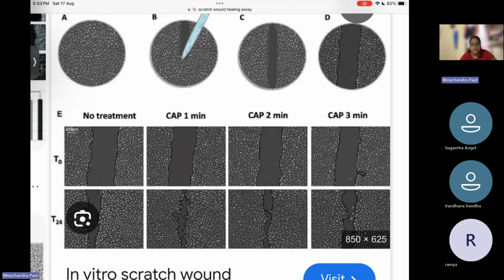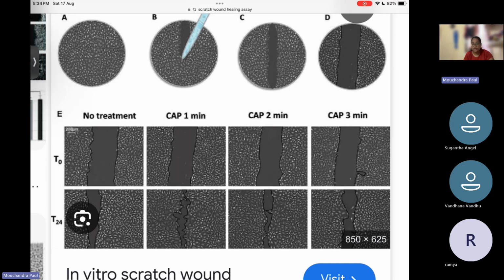So what happens if your biomaterial supports cell migration smoothly? In panel E, you see the last row. Suppose this is your biomaterial in the last row, and the material supports cell migration. Then eventually, over some period of time, you will see that the scratch that you have created will start disappearing, because the cells at both the ends of the scratch will proliferate and migrate.